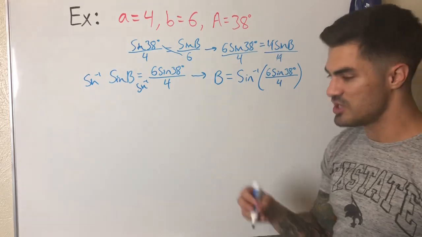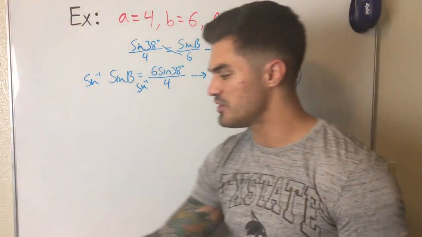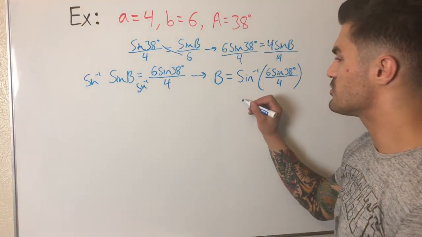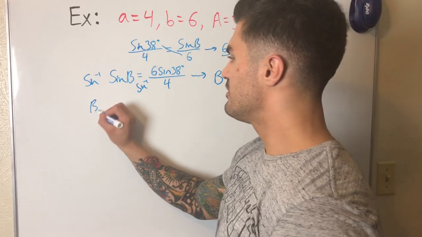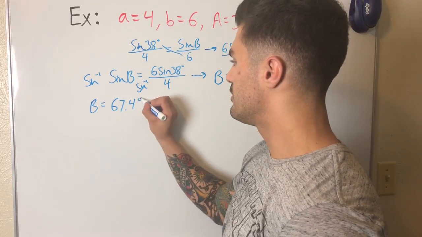This is what I punch in the calculator, and I get 67.442. I'll round to 1 decimal place, so angle B equals 67.4 degrees.